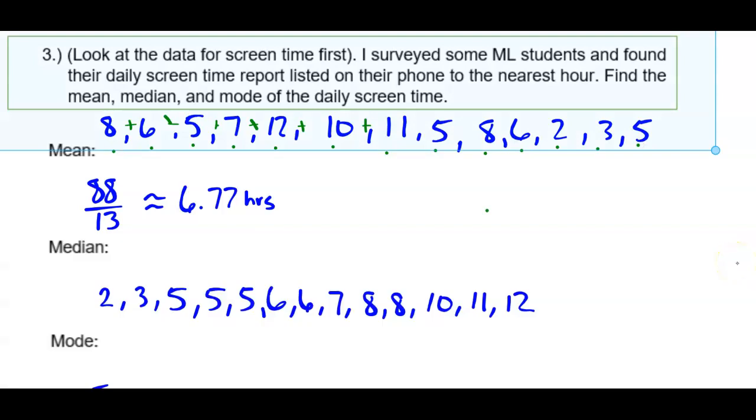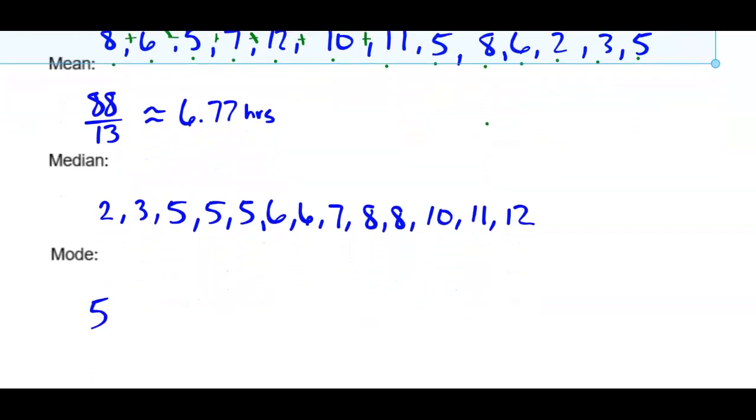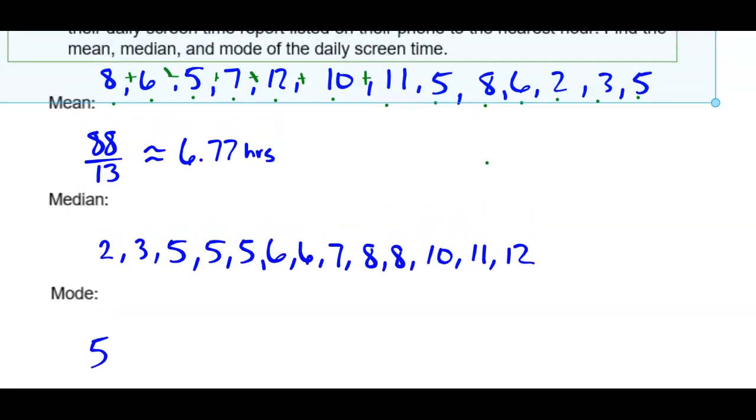Okay, next, let's figure out the median. To figure out the median, I have to write them in order. Okay? So, if I write them in order, I'm good with this. I did that already. Make sure again that you have all 13 points there. And now I'm going to cross off.